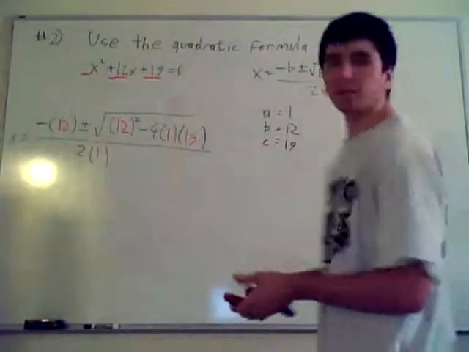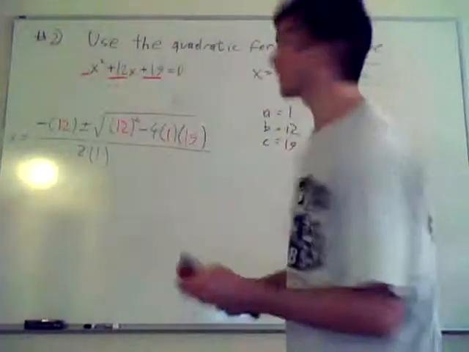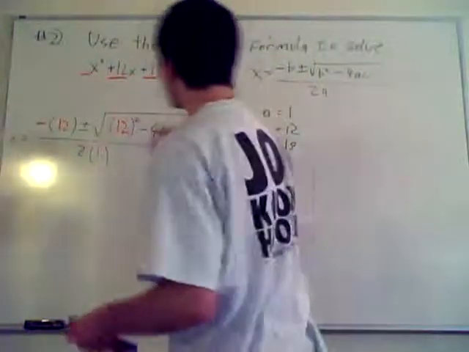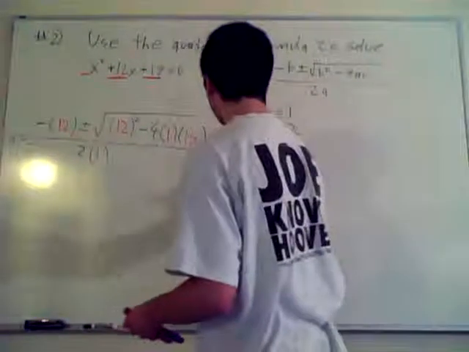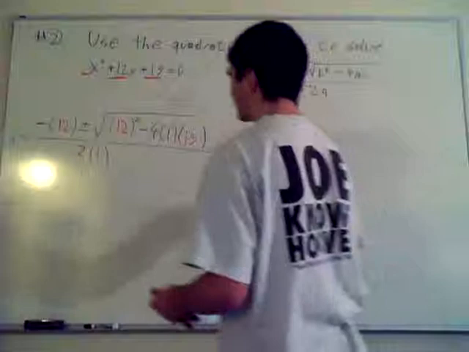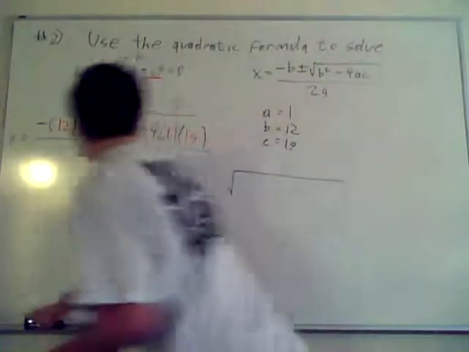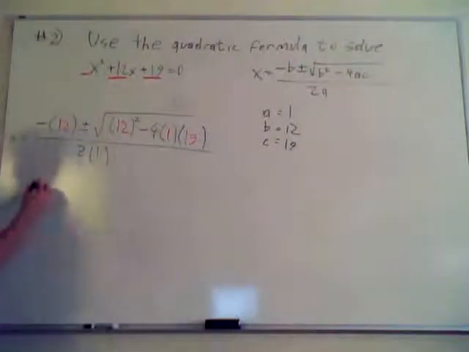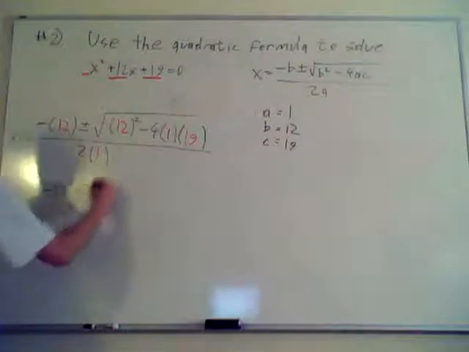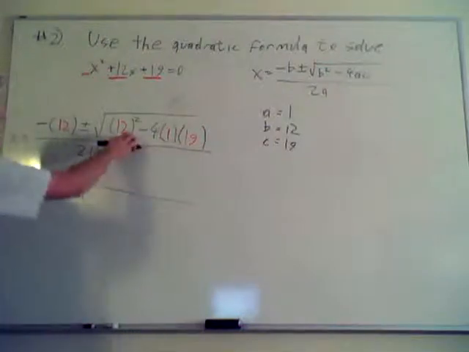So, I'm going to start with solving under the square root, because that's just simple. I'll write it directly under, so you don't get confused. Here I got negative 12 plus or minus the square root. Okay, so 12 squared.